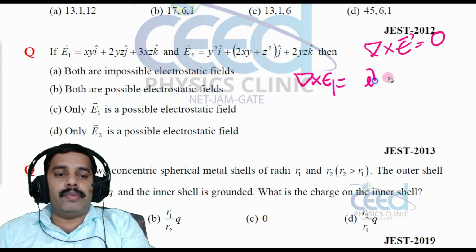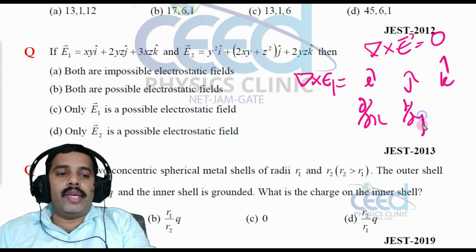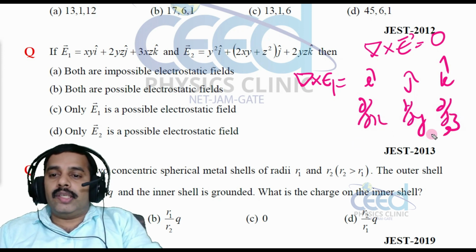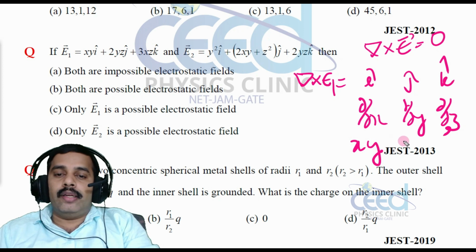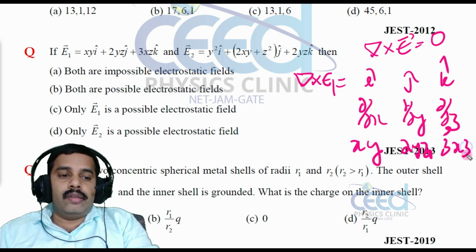That is i cap, j cap, k cap, dou by dou x, dou by dou y, dou by dou z. Here the components are xy, 2yz, and 3xz, right?